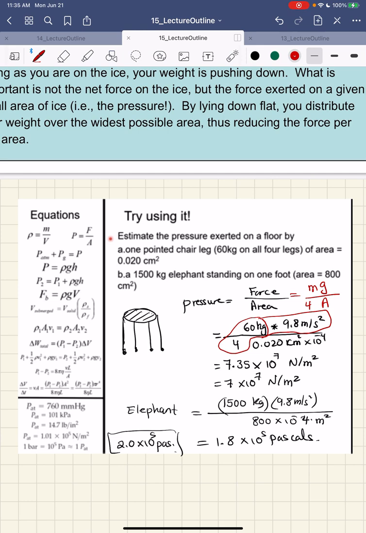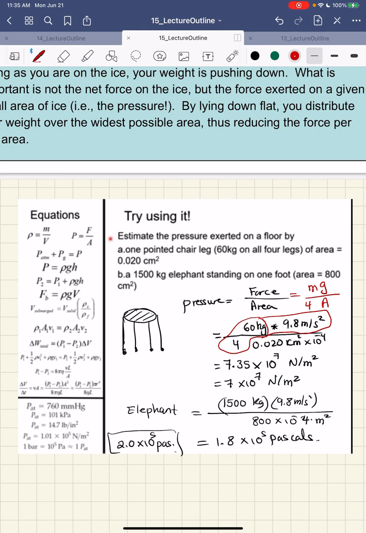Now, in the case of the elephant, the elephant is standing on 1 foot. Then all of its weight is acting. The 1500 times 9.8 over an area of 8 times 10 to the minus 4, and this is going to give us 1.8 times 10 to the 5 pascals, which is 2 times 10 to the 5.